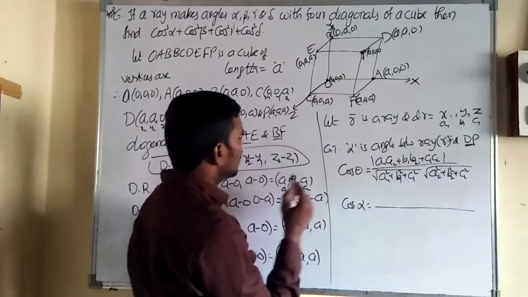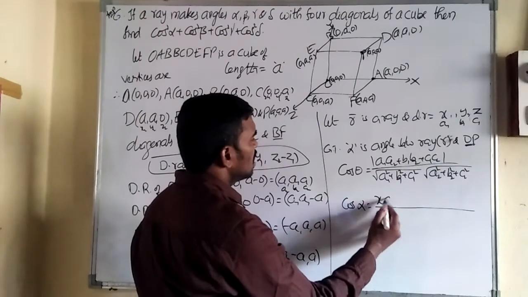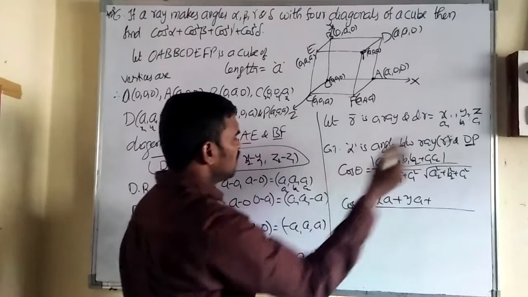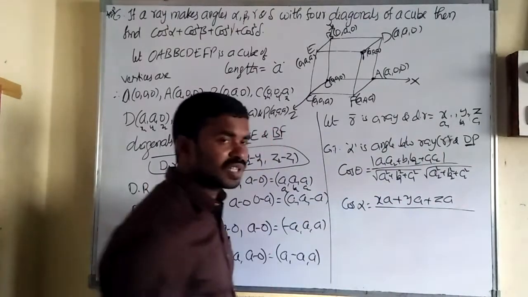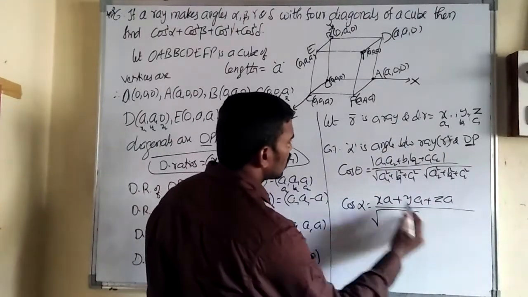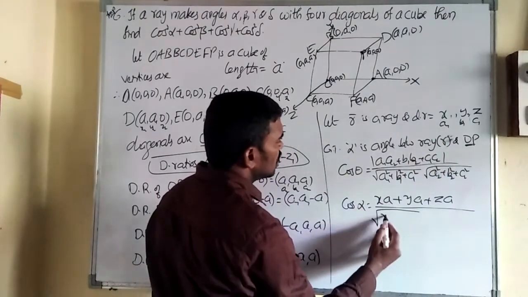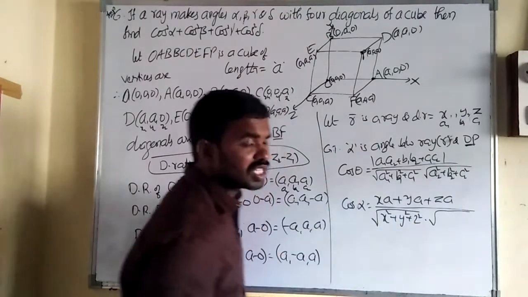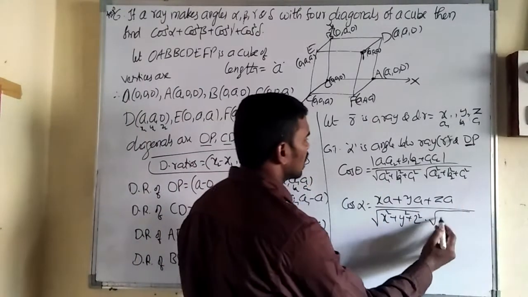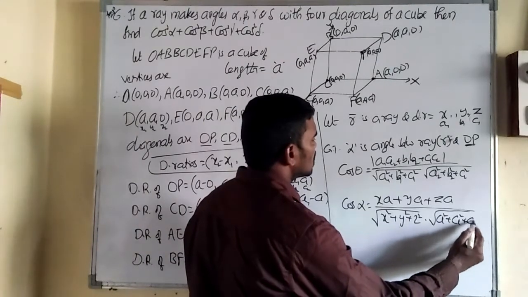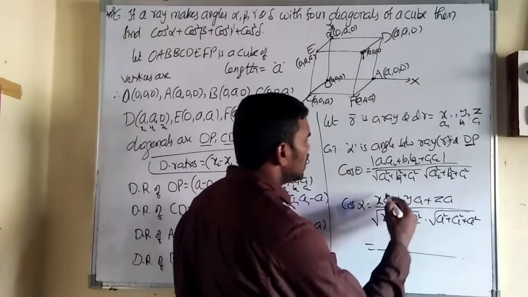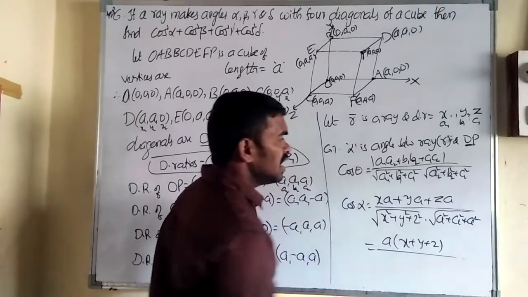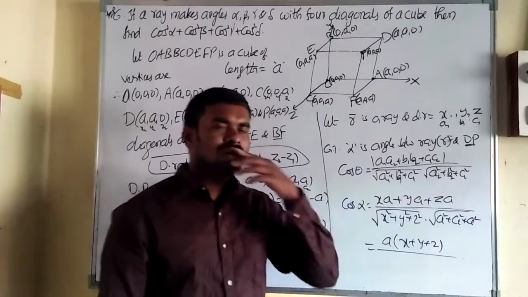So a1 into a2 means x into a, xa, plus b1 into b2, y into a, plus c1 into c2, z into a. By root of a1 square, b1 square, c1 square means x square plus y square plus z square, into root of a2 square, b2 square, c2 square means a square plus a square plus a square. In all terms a is common. So a into (x plus y plus z) by root of a square plus a square plus a square, that is 3a square.